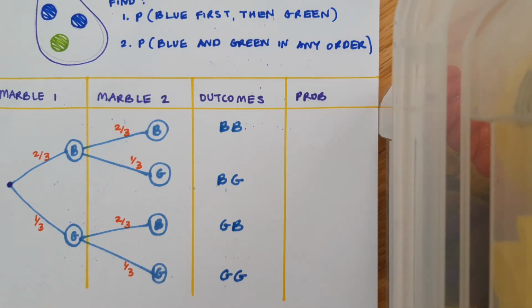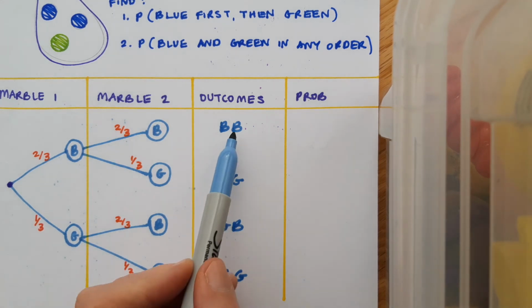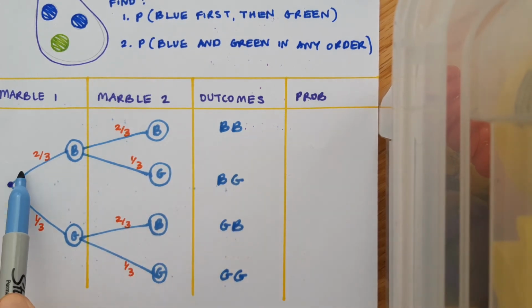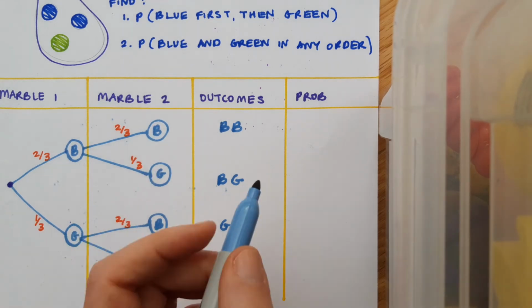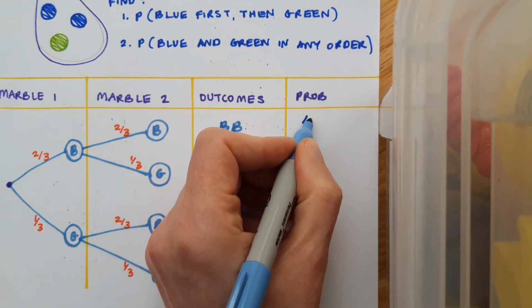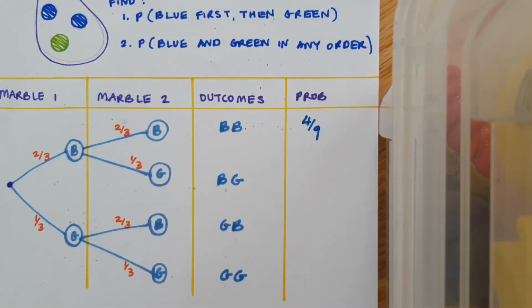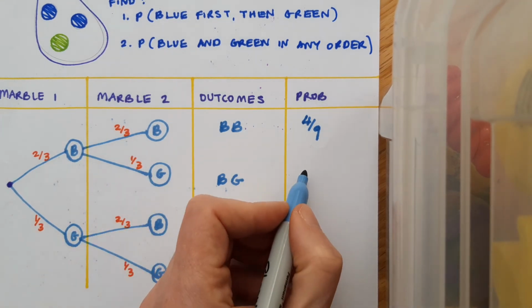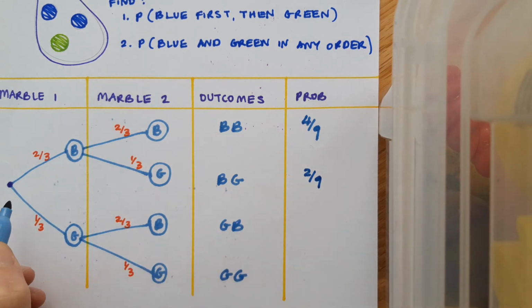And in the final column I'm going to fill in my probabilities. And the probabilities will be got in each case by multiplying the probabilities that I pass along a path. So for example, the probability of getting blue and then blue is 2/3 by 2/3. And that's going to give me 4/9 in this case. Blue and green is going to give me 2/9.